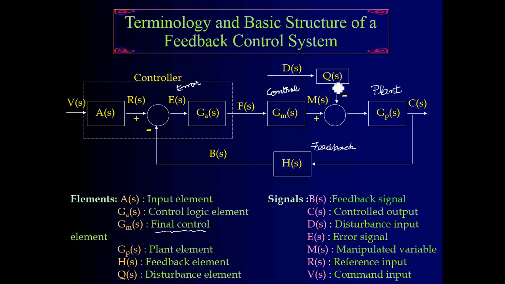But all of a sudden, there is an external agent. Let's say you're trying to keep the temperature of this room at a certain temperature, and somebody opens the door. Well, this is the external disturbance. That's the word we use: disturbance.